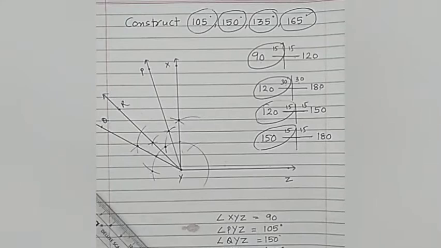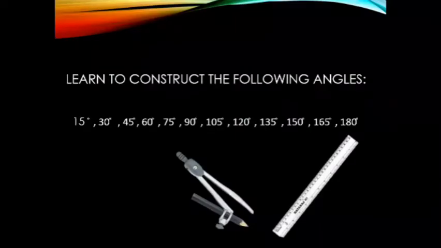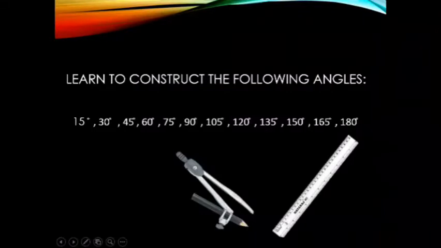Now we shall quickly move to the last question of NCERT exercise 11.1. So my dear students, we have learned to construct the following angles using a geometric compass and a ruler. This will solve most of the questions of the first exercise, exercise 11.1 of the NCERT textbook.